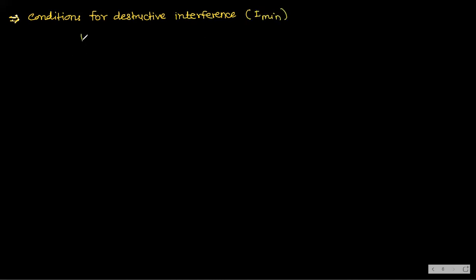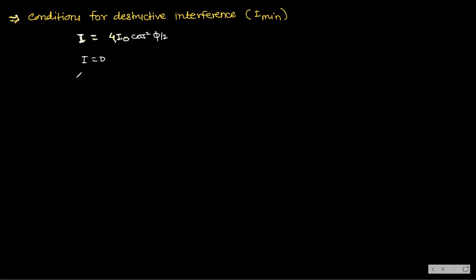So what is the formula for I? I is equal to 4 I naught cos square phi by 2. And intensity minimum means what? I should be equal to 0. Minimum intensity is 0.